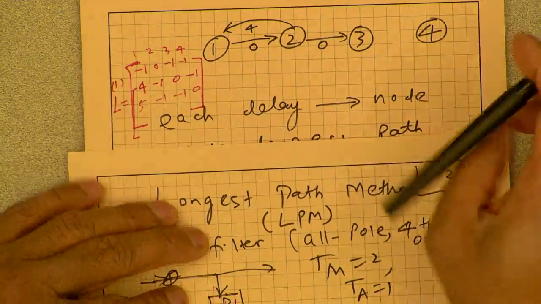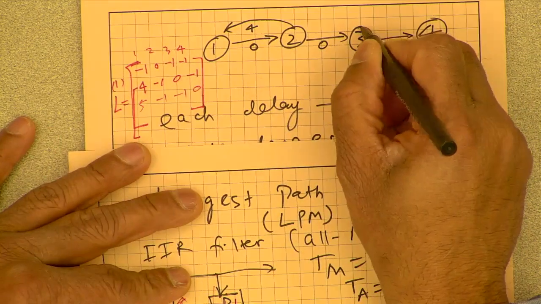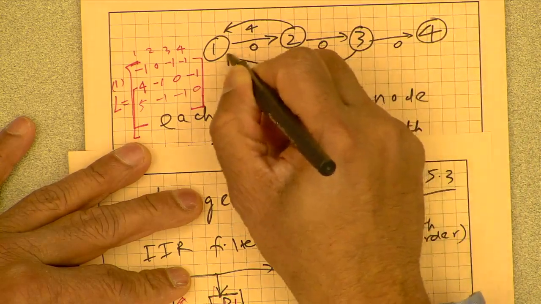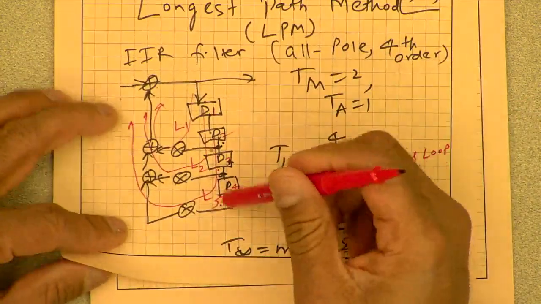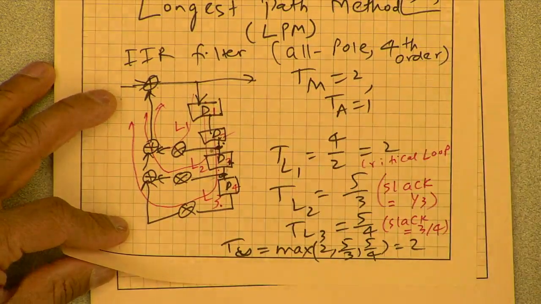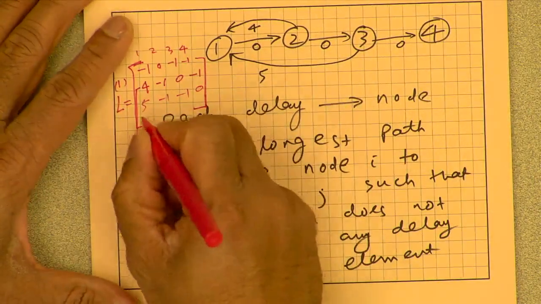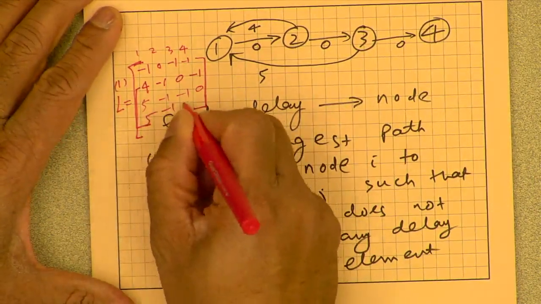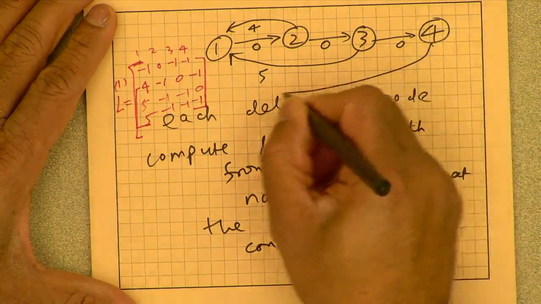Okay, and if we are at 4, 4 to 1 is 5 and that is it. So 4 to 1 is 5, and the rest are -1.